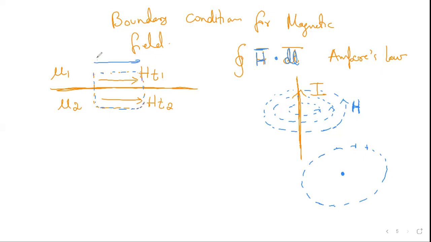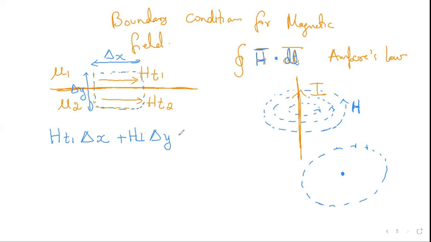Again, this is delta x, this is delta y. Now, I'll do HT1 delta x. Then next, I will have an H perpendicular delta y.